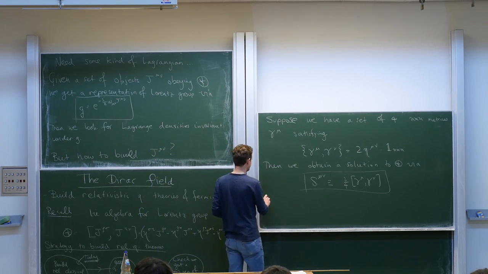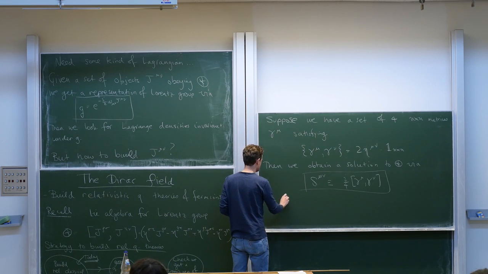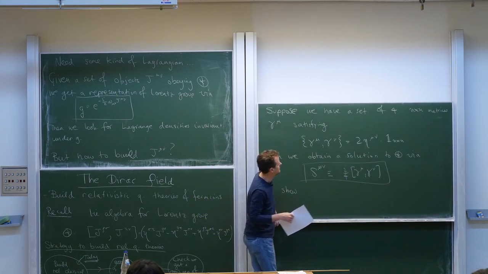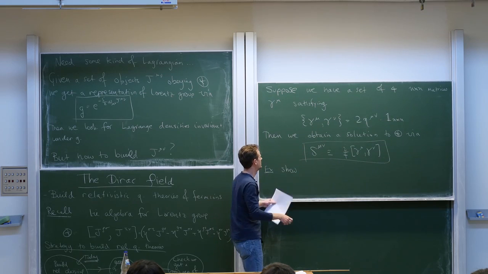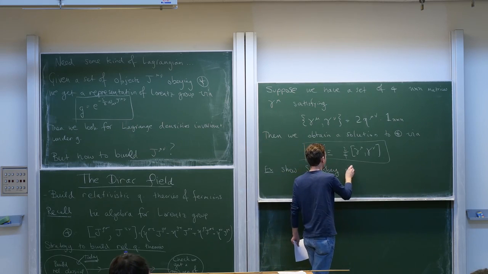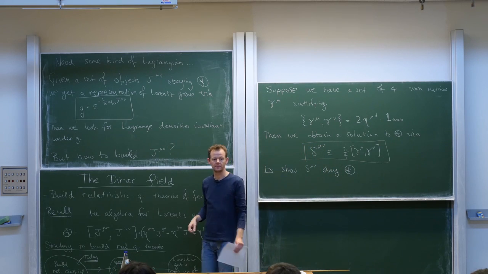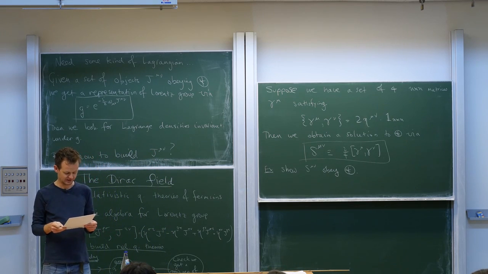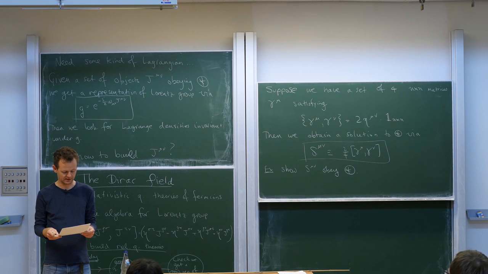So it's an exercise to show that these objects here obey this Lie algebra. I've done it in my lecture notes, and it's surprisingly tedious. It's over half a page of calculations. There's no complicated step anywhere along the way, but it is sort of tedious.